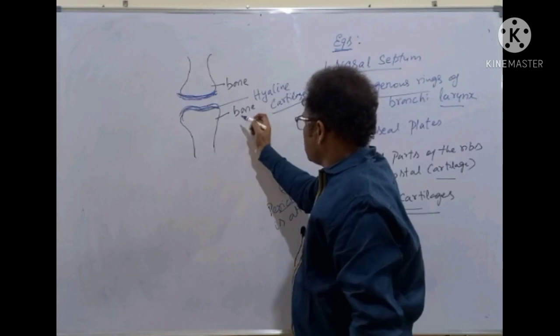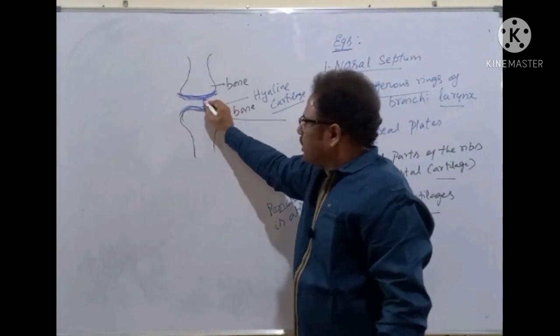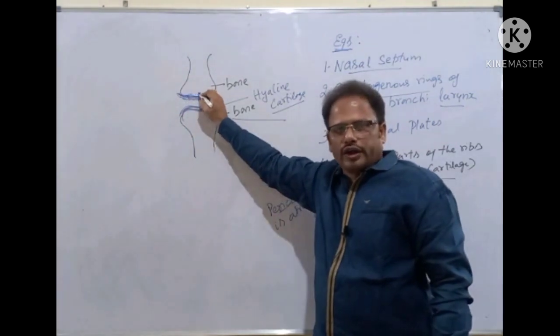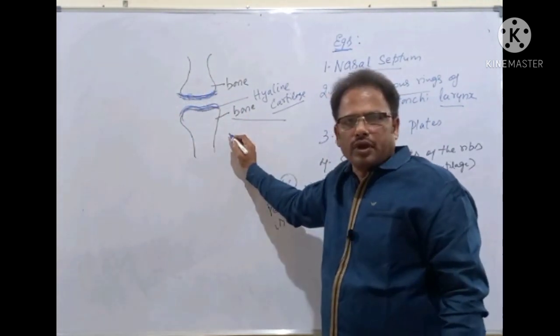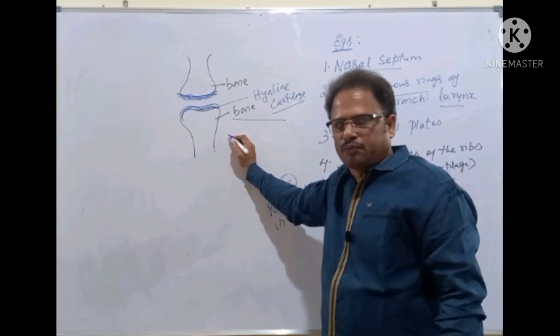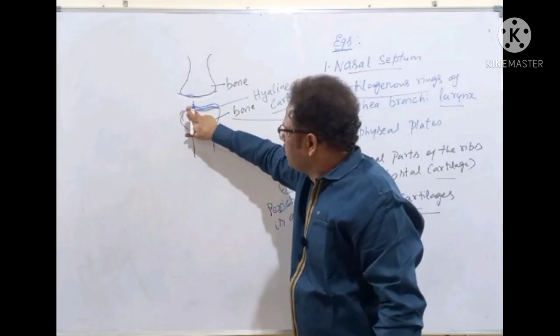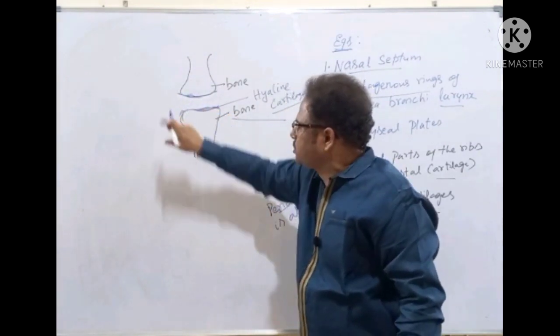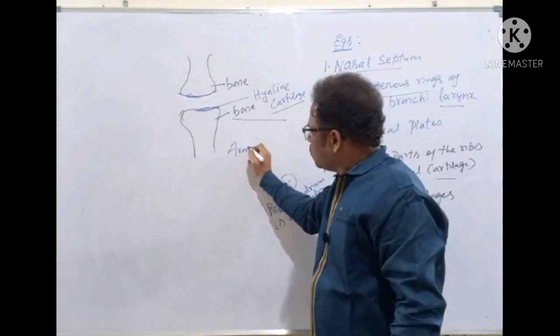I want to elaborate a little bit, because these free surfaces are made of hyaline cartilage. If the cartilage gets damaged because of trauma, injury, or some other problem, what happens? For example, this is a damaged cartilage. But cartilage is avascular, I told you.